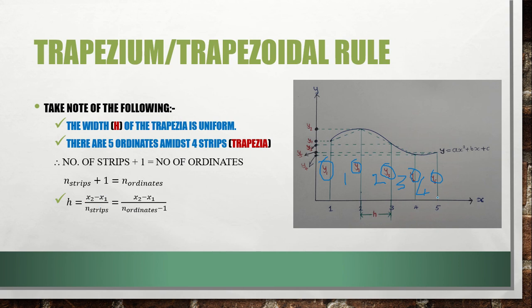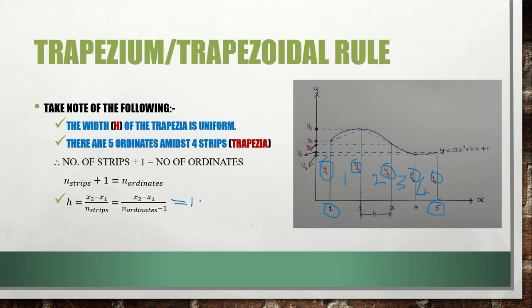For example, in this case, the last coordinate x2 corresponds to 5 minus the first coordinate, which is 1, divided by the number of strips. The number of strips is 4, so if you divide by 4, you figure that you only have 1 unit, which is what I said earlier on. Or you may use the number of ordinates minus 1 to get the number of strips. If you divide that, you will also get 1 unit. So that is something that you need to remember.